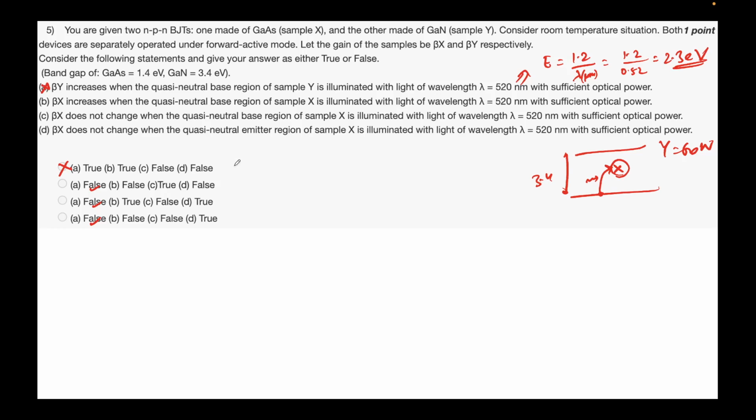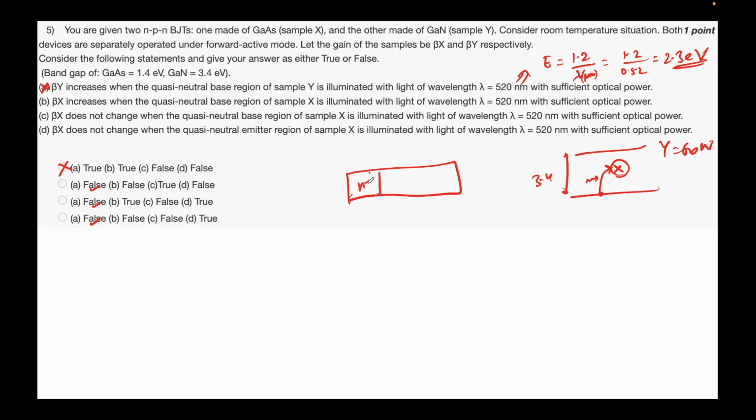Second, we consider when the quasi-neutral base region of sample X is illuminated. Sample X, gallium arsenide, has a band gap of 1.4 eV. When you shine light of 2.3 eV, we are shining it in the quasi-neutral base region.